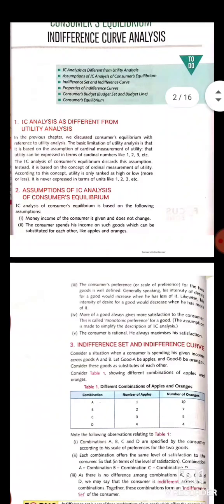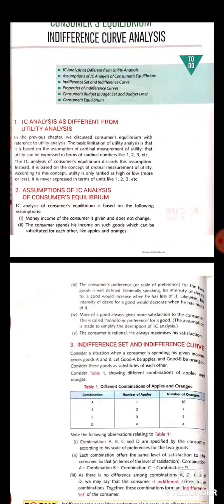And the next one is the consumer's preferences for the two goods will be given. Next is more of a good always gives more satisfaction to the consumer. This is called monotonic preference for a good. It is clear that if a person consumes 10 units of a commodity and another person consumes 15 units of a commodity, then the person consuming 15 units will get more satisfaction.